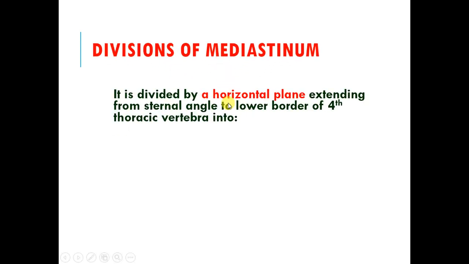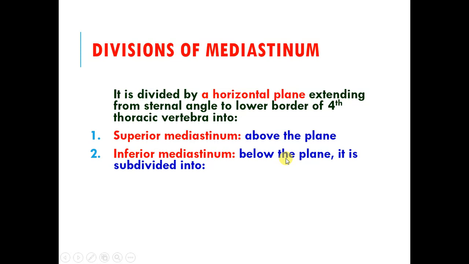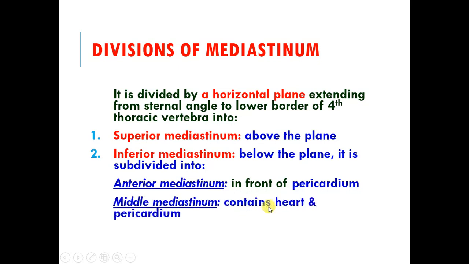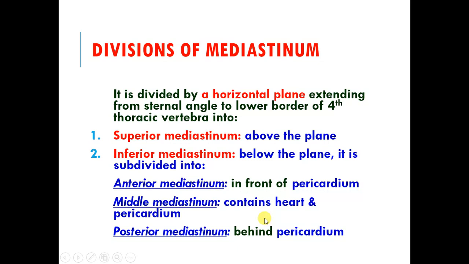Now here we see a horizontal plane extending from the sternal angle to the lower border of T4. We have seen it. Superior mediastinum is above this plane, inferior mediastinum below this plane, further divided into anterior, in front of the pericardium; middle, containing the heart and pericardium; and posterior, behind the pericardium.